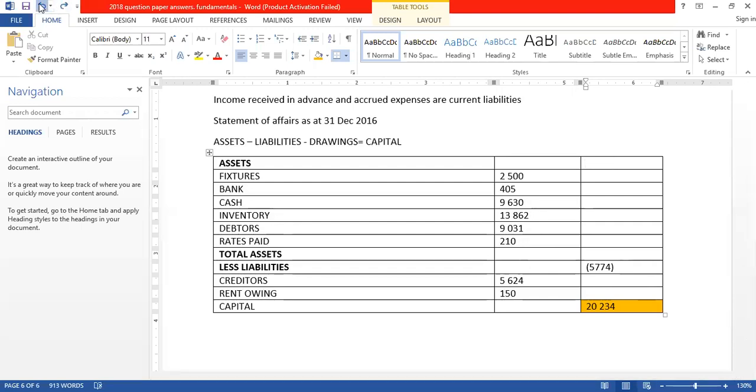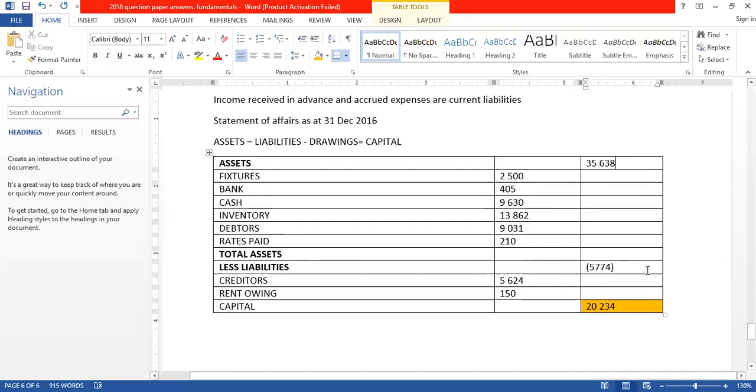Just recalculate it. 26,008 plus 9,630, and then you get 35,638.